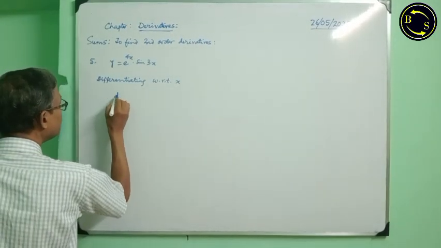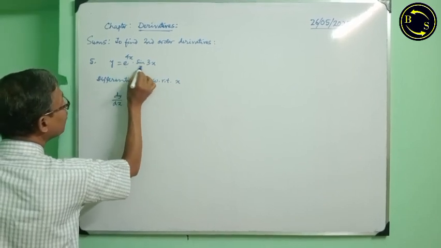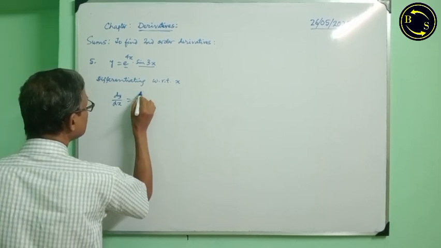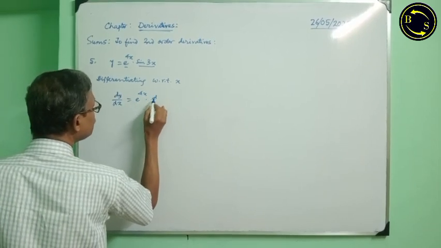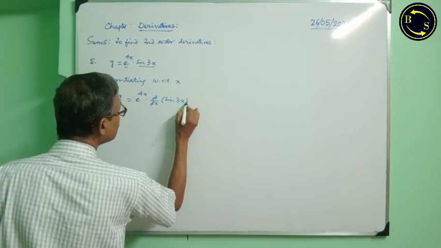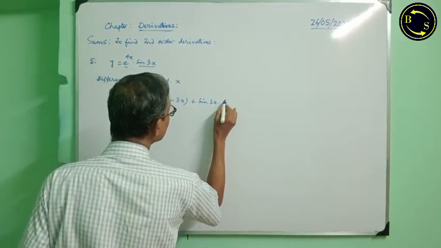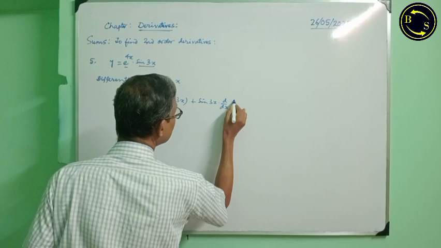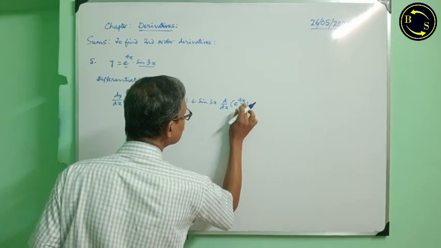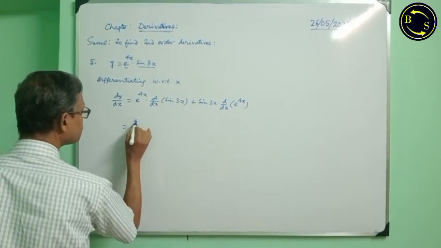Left side will be dy/dx, right side u into v form. This is u, therefore we apply e to the power 4x into d/dx of sine 3x plus sine 3x d/dx of e to the power 4x.